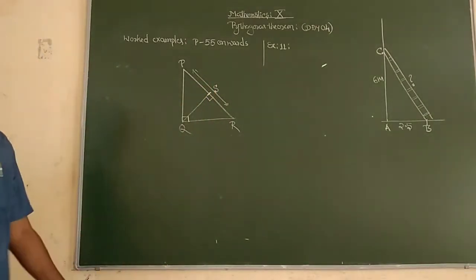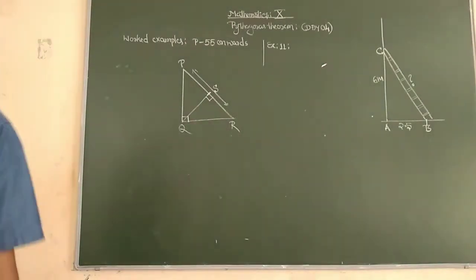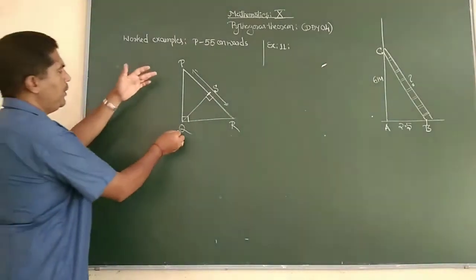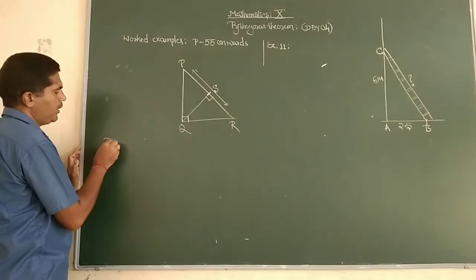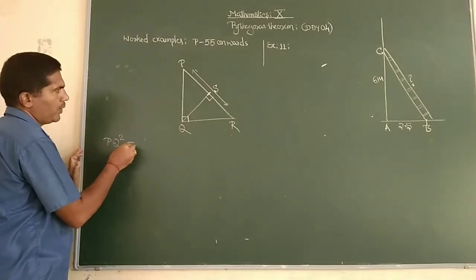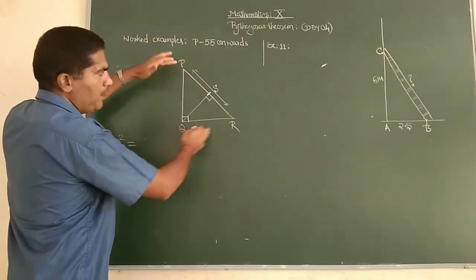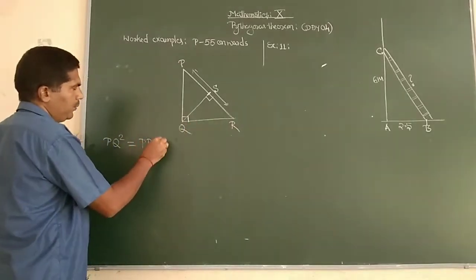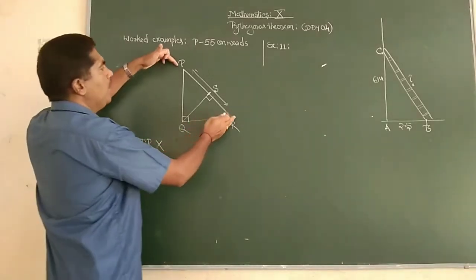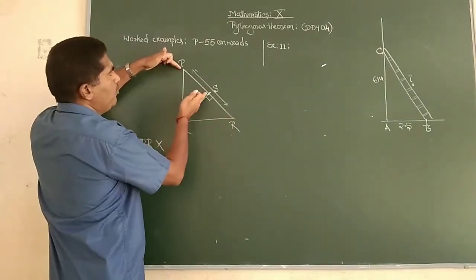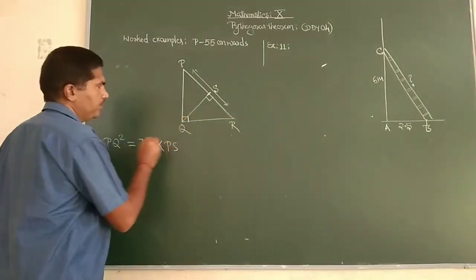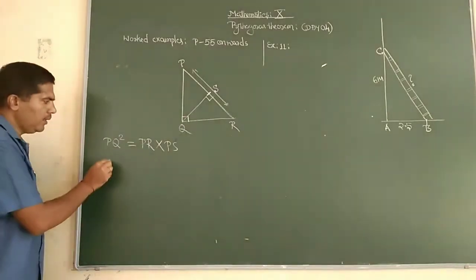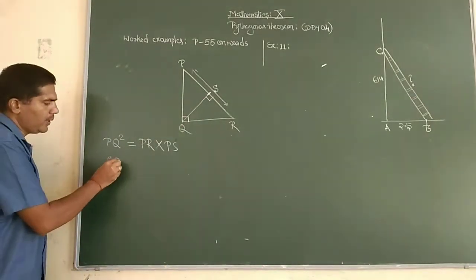Now, how to write the relation for these sides? PQ square equal to the hypotenuse PR into the part of the hypotenuse connected to PQ, that is PS. Then, what about QR square?